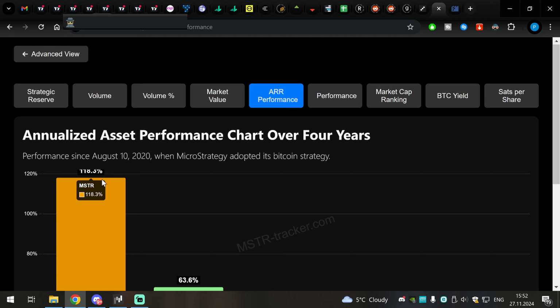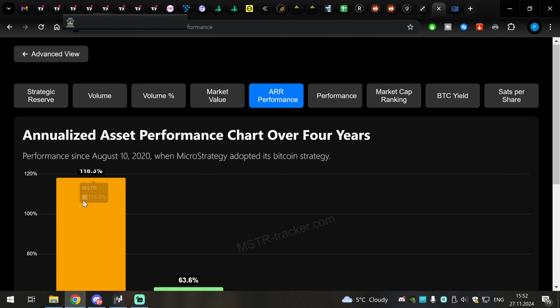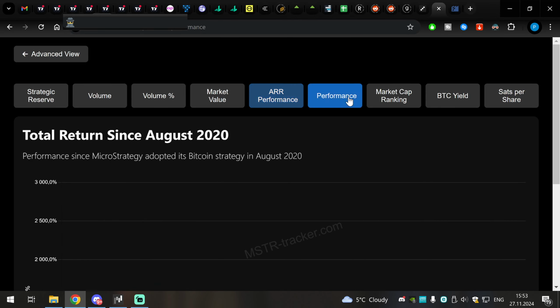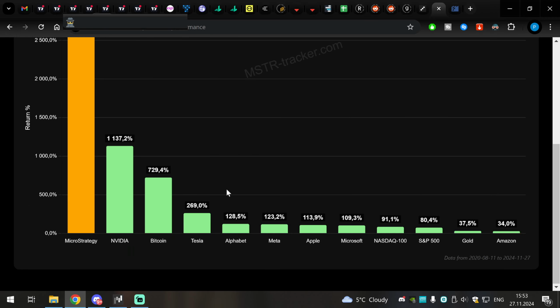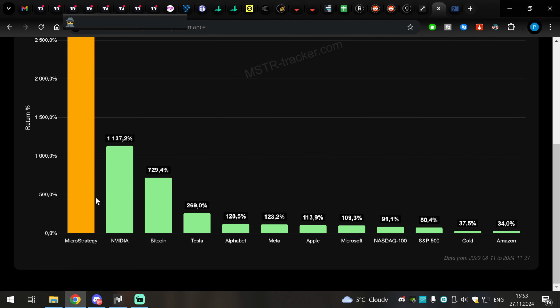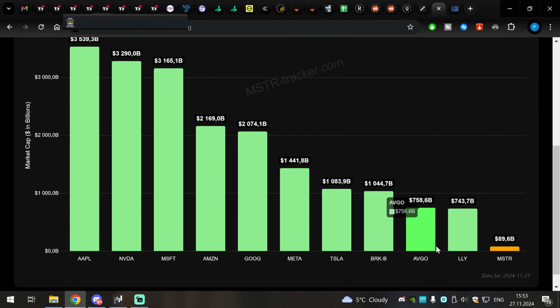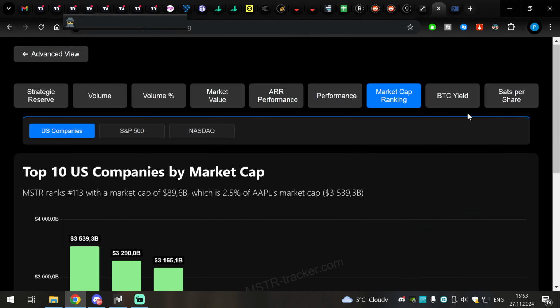You see why MicroStrategy is like 2x. It's doing even more, but Bitcoin's annual return is 63% over 4 years, and MicroStrategy's is 118. So it is a long-term game. And you see MicroStrategy is the best performing stock in the world. He's doing interesting things. From market cap, it can still go, like when Bitcoin goes larger, it can still go into much higher valuations, of course.